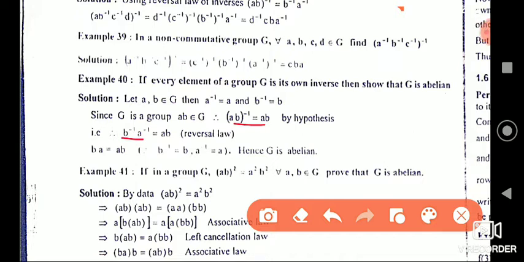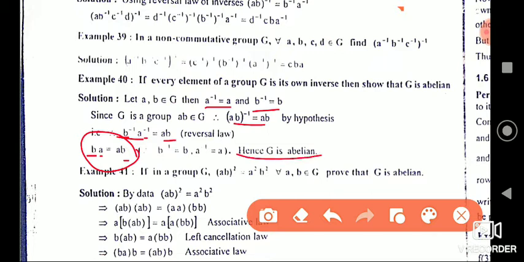But once again, if you remember, A inverse is equal to A, and B inverse is equal to B. So instead of B inverse we write B, and instead of A inverse we write A, and the right hand side will be the same, AB. That is the definition of the commutative law: BA is equal to AB, or AB is equal to BA.